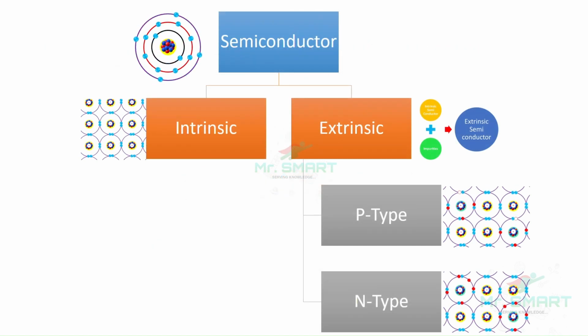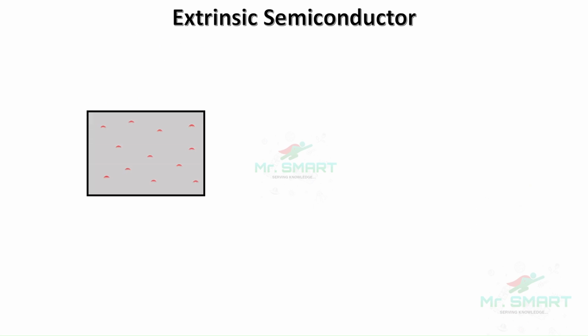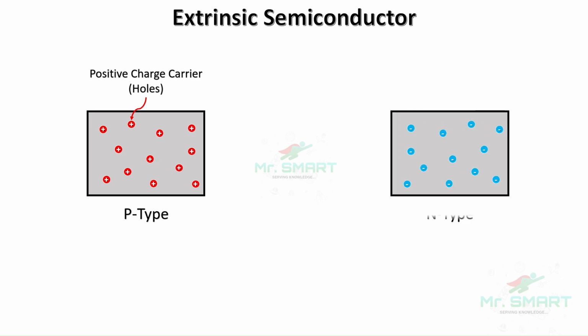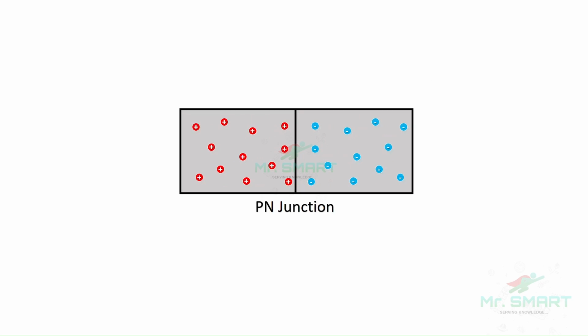A diode is created by joining a p-type semiconductor and an n-type semiconductor. We know the p-type semiconductor is rich in positive charge carriers, holes, and an n-type semiconductor is rich in negative charge carriers, electrons. Where these two materials meet, they form a p-n junction.